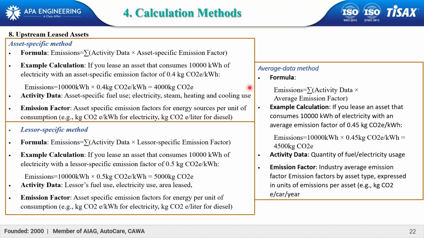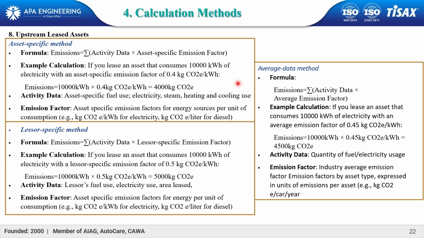The asset-specific method applies if you're leasing an asset that consumes 10,000 kilowatt-hours of electricity with an asset-specific emission factor, which would cover the fuel used for the generators, or the electricity, or the steam, or the heating or cooling of that specific asset. In this case, the emission factor is 0.4 kgs of carbon dioxide emitted per kilowatt-hour of the electricity consumed.